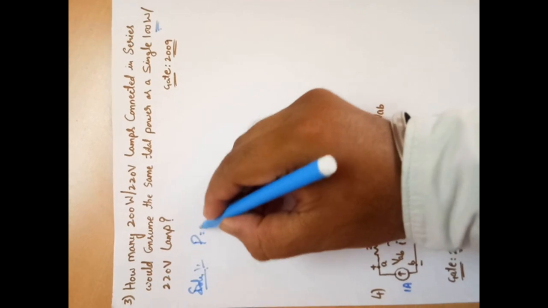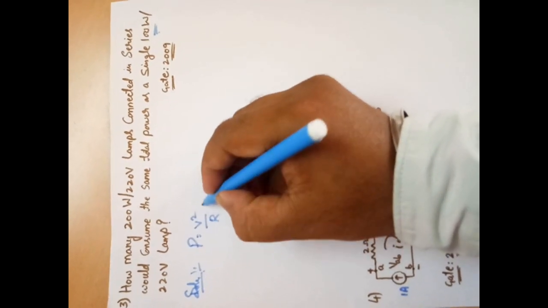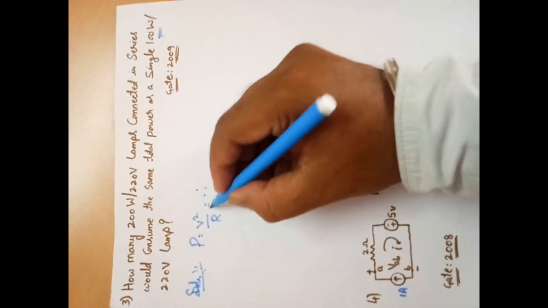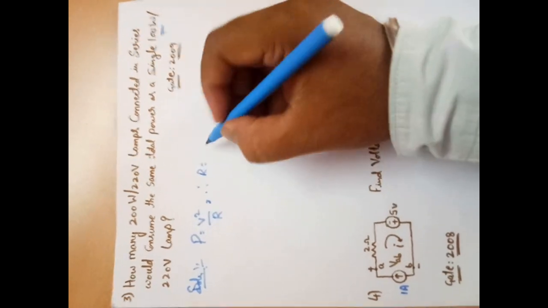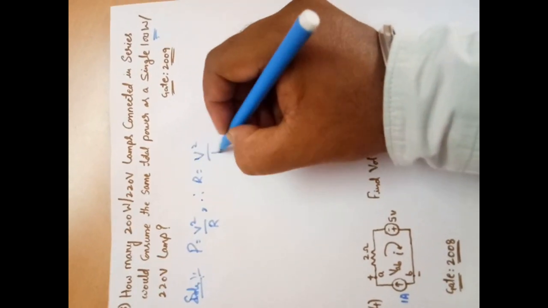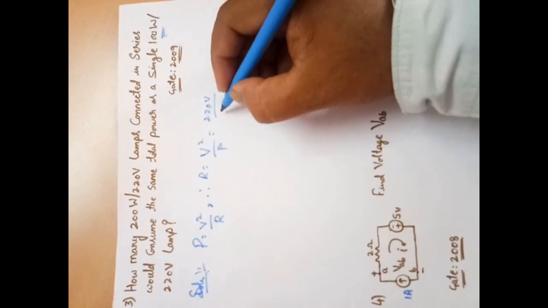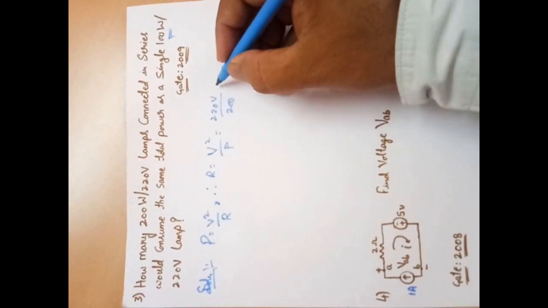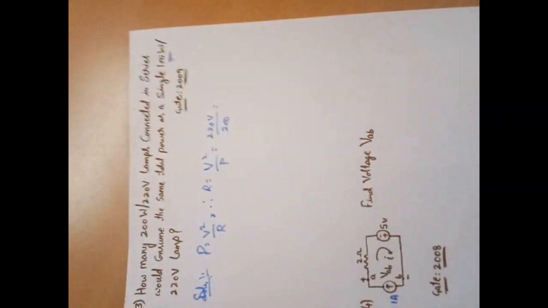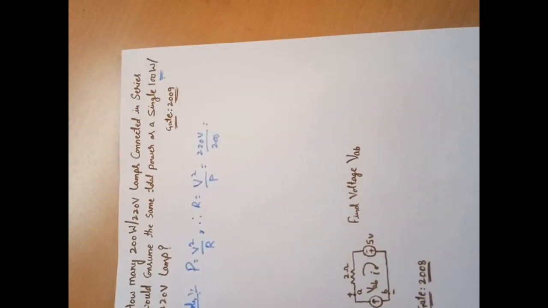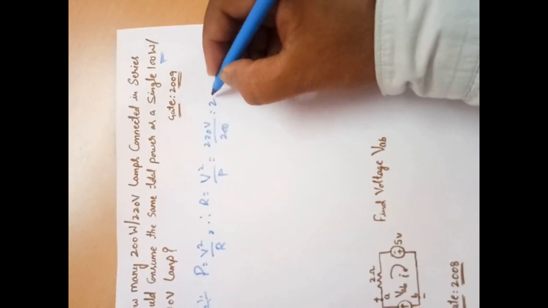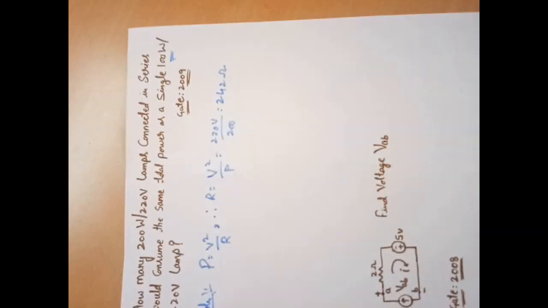We have the formula P equal to V square by R. Therefore R is equal to V square by P, where the applied voltage is 220 volt and the power is 200 watt. When we simplify that, 220 squared by 200, we get 242 ohms.